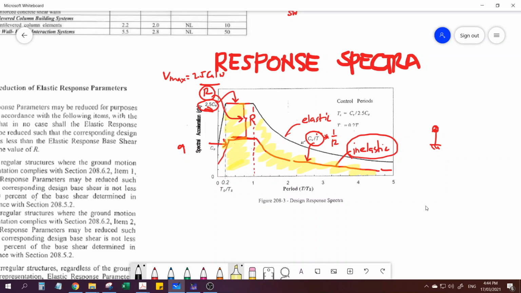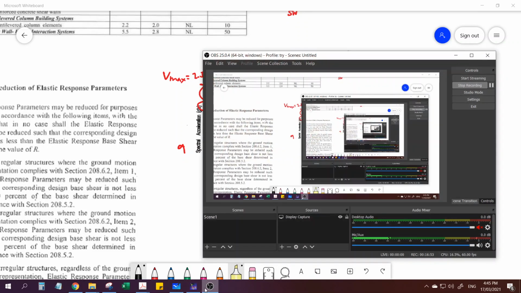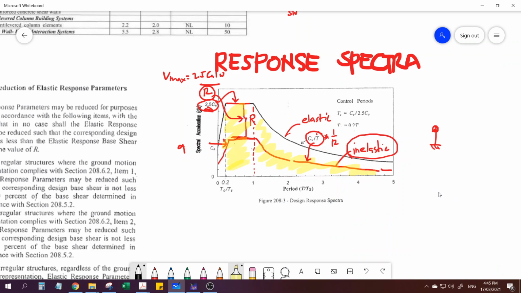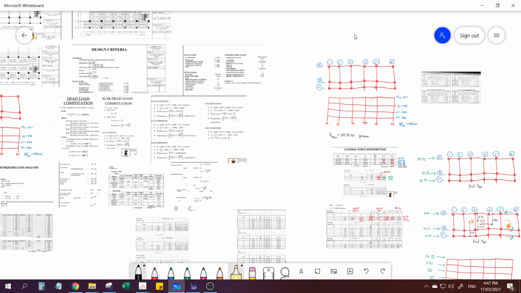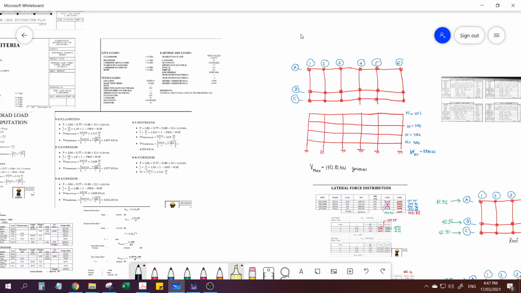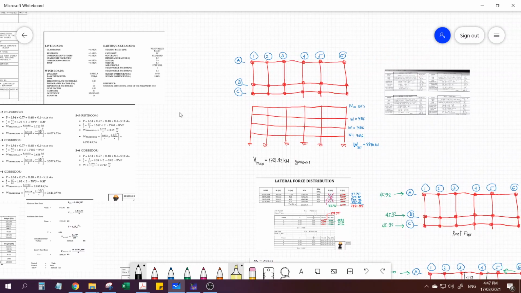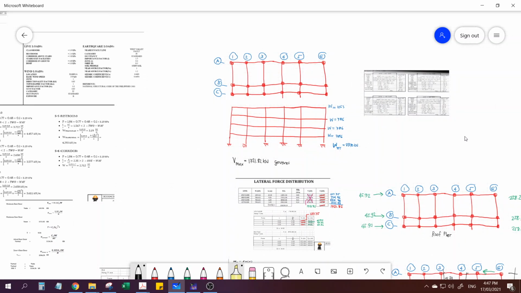Let's proceed with our project, sample project. Okay, so this is our project.